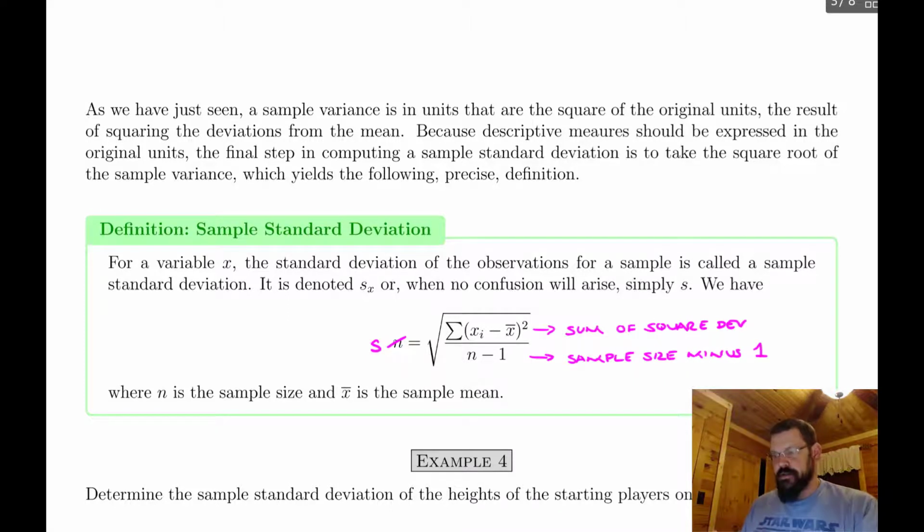What's underneath the radical is exactly what we computed in example 3. So what's left is to take the square root of both sides and we're going to solve it, and we're going to get what is going to be s.